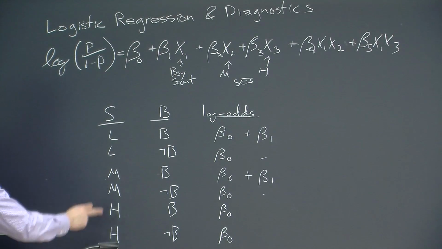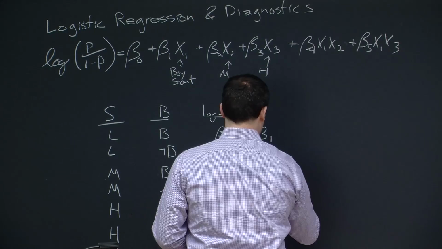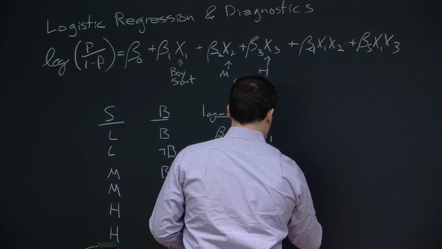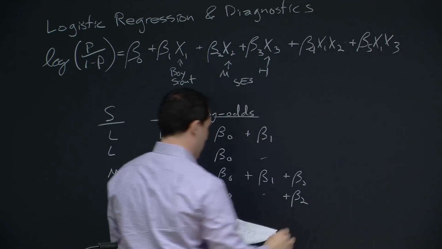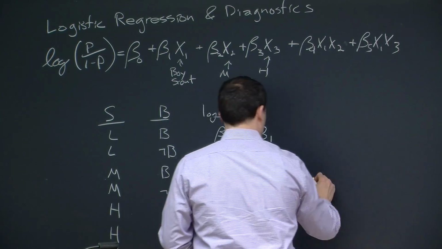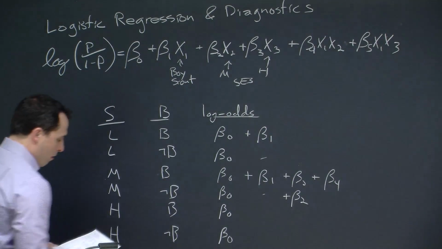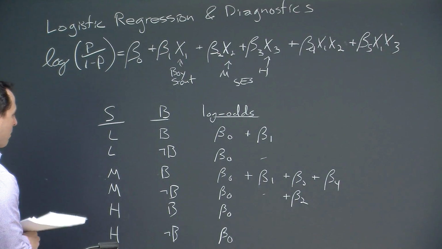And then for the M, I get my beta 2, and I also have a beta 2 here. And then I get another factor up here for the interaction. So that's the log odds for the mediums.